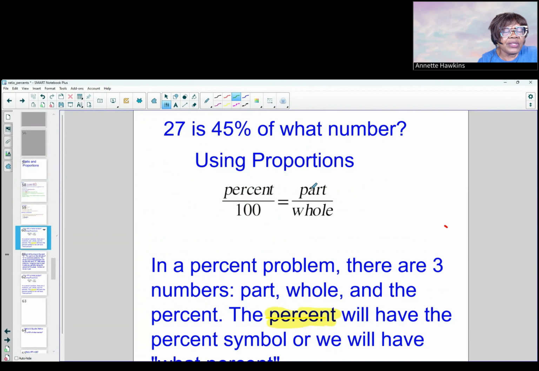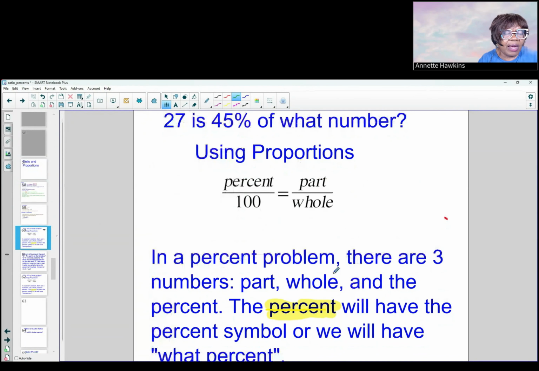The part will go over the whole. Now, which one is the part? The part is the one with is, and the whole will be after the word of. Okay, in a percent problem, there are 3 numbers: the part, the whole, and the percent.